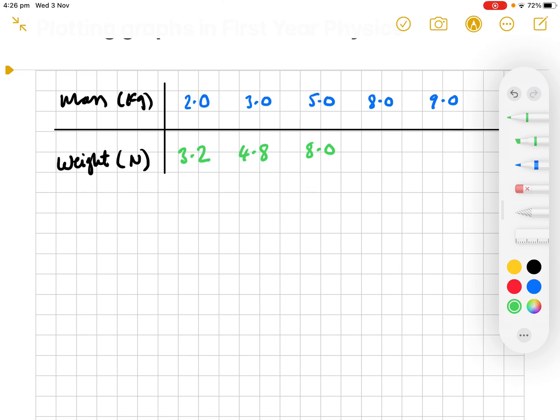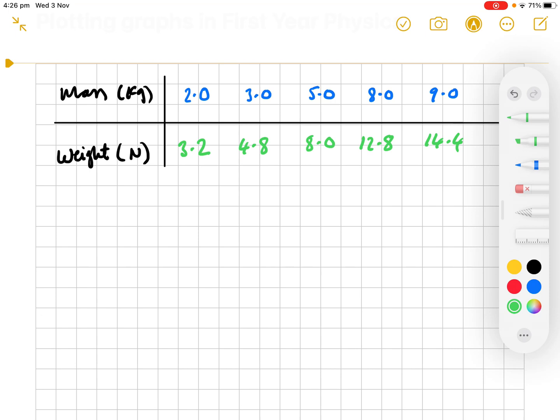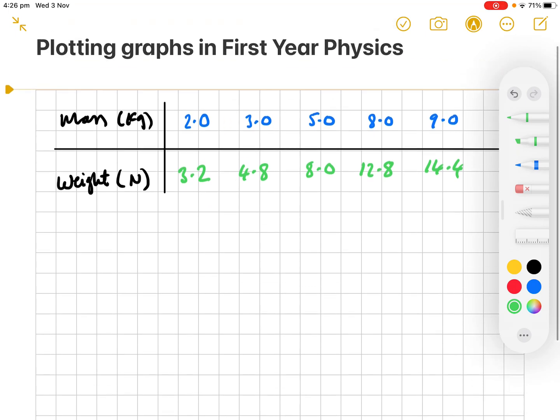For the 8, it turns out to be 12.8 newtons. And then for the 9, it gives me 14.4 newtons. Okay. And my task then is to plot this.